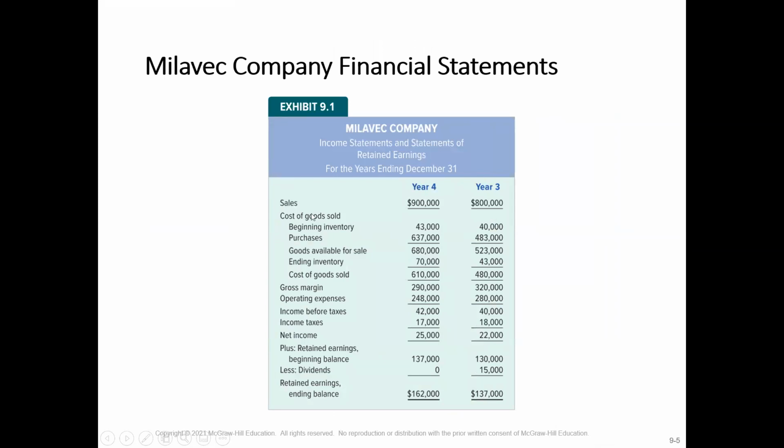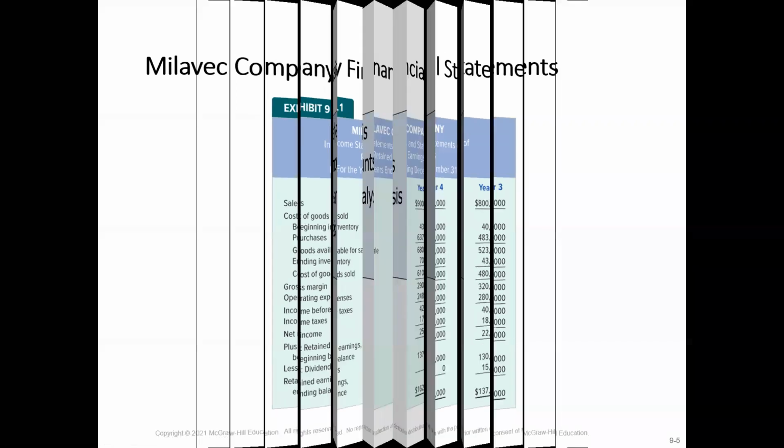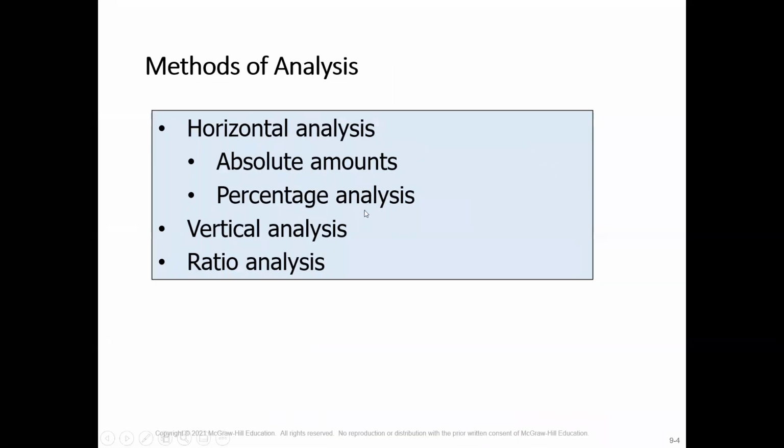So horizontal analysis, we would compare something like the sales account from year 3 versus year 2. How much did the result increase or decrease from one year to the next? If so, by how much in terms of absolute dollars or by percentage?